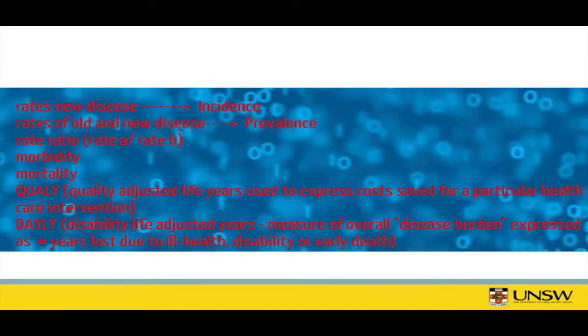Now, within all of those study designs, the epidemiological tools, there are rates of disease that we measure that are appropriate for those. So incidence, so new cases, would be for randomized controlled trials and cohorts, and prevalence would be used for surveys.